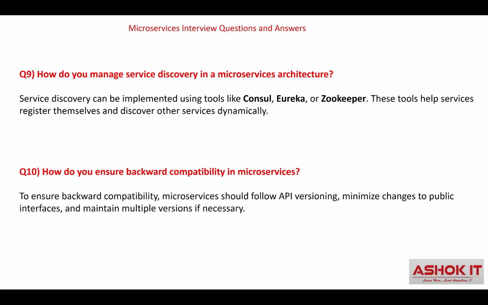And how do you ensure backward compatibility in microservices? For example, yesterday there was one version, and today we released a change, but the change is not working fine. How do you ensure backward compatibility? What we are going to do here is manage the version numbers, like 1.1, 1.2, 1.3, 1.4, or major version dot minor version dot patch. That is a universal standard of versioning numbers.